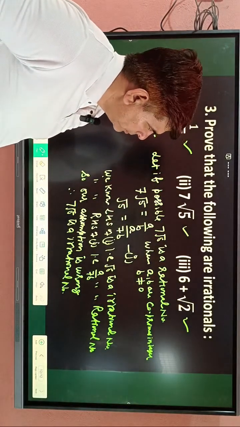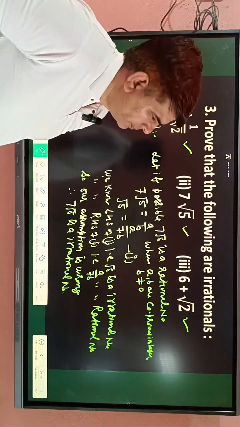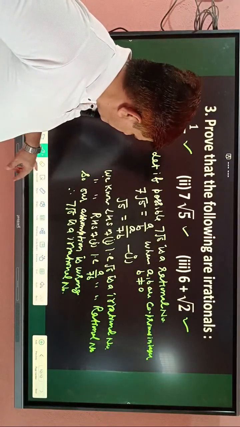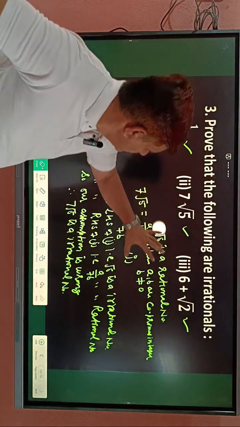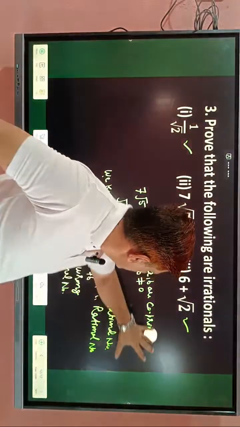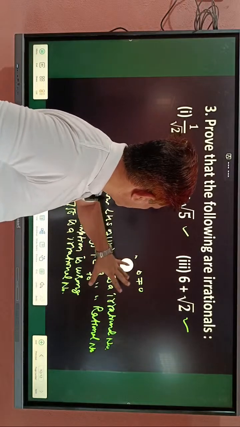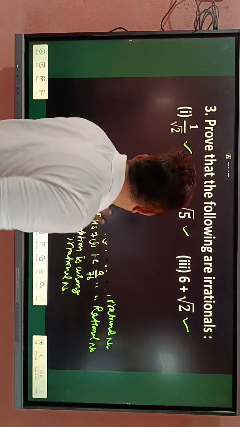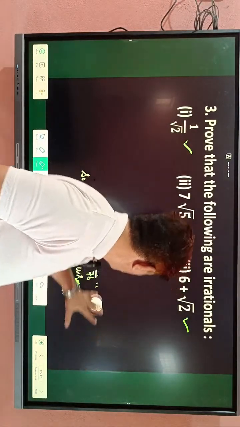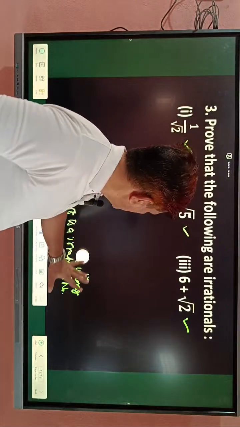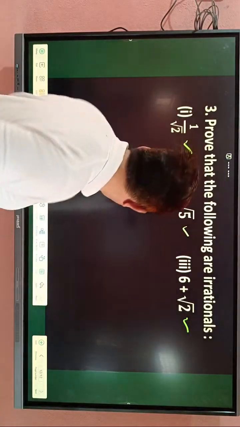Got it? I think you understood. Easy also. Erasing this now. So next part of this question and last part of this exercise, what do you have to prove? 6 plus under root 2 is an irrational number.